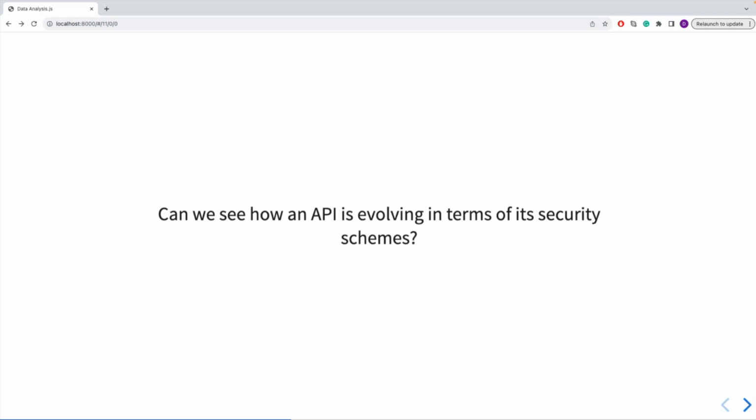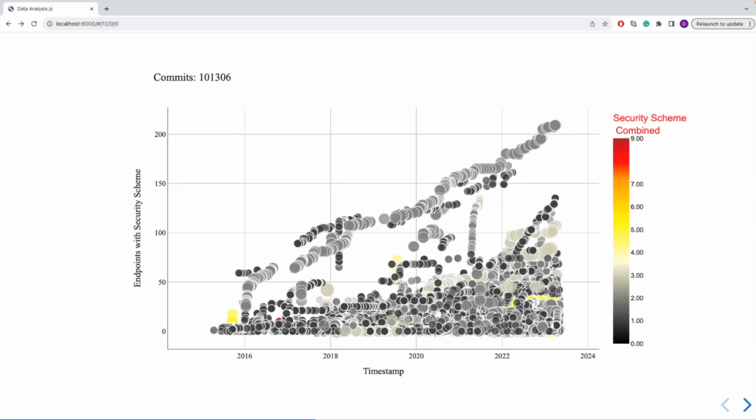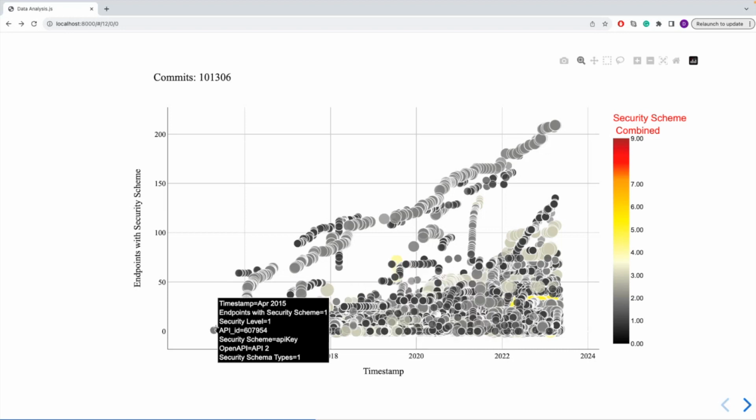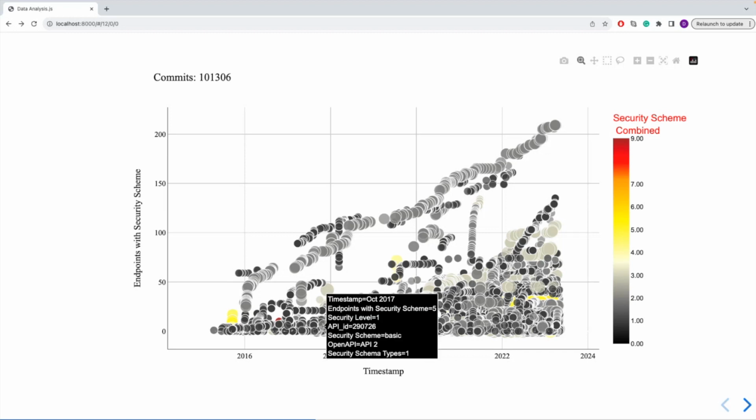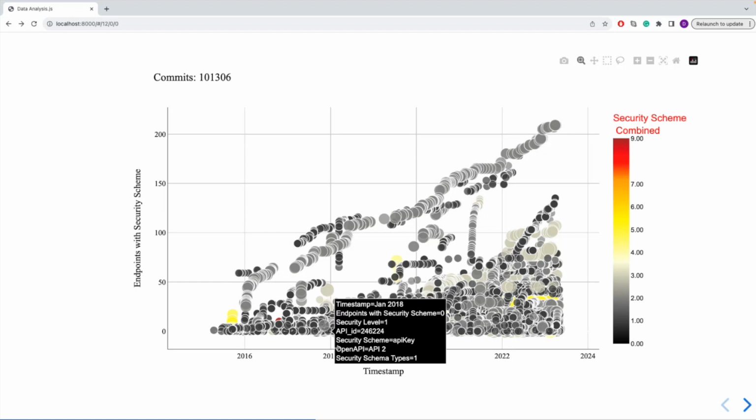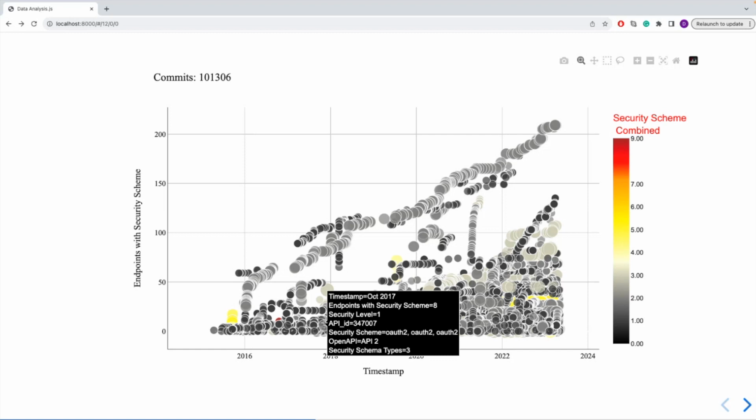So can we see how an API is evolving in terms of security schemas? Here I have an overview of all the APIs corresponding to endpoints with security schema and the timestamp of the commit. Each vertical bar represents the exact date when a commit has an endpoint with security schema.